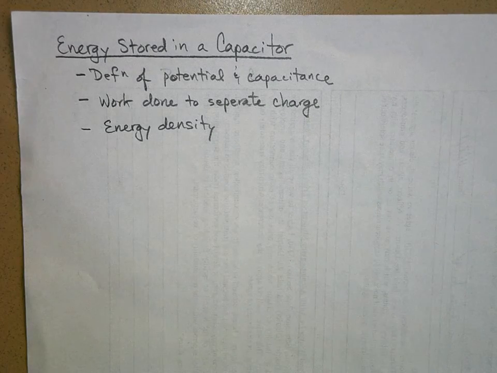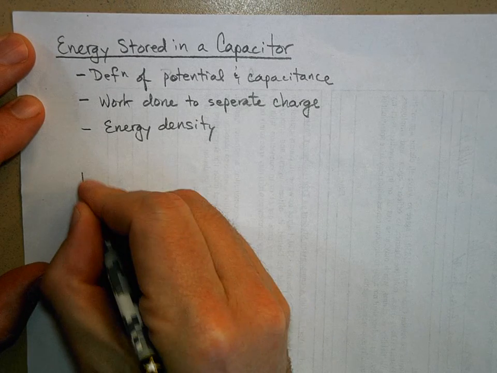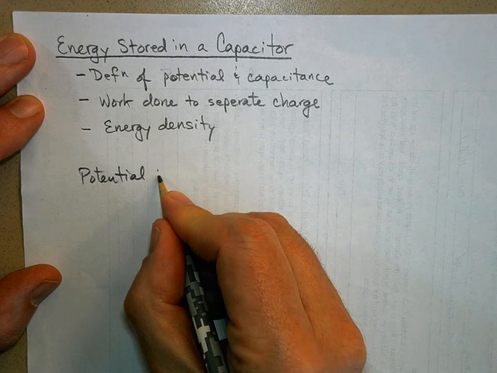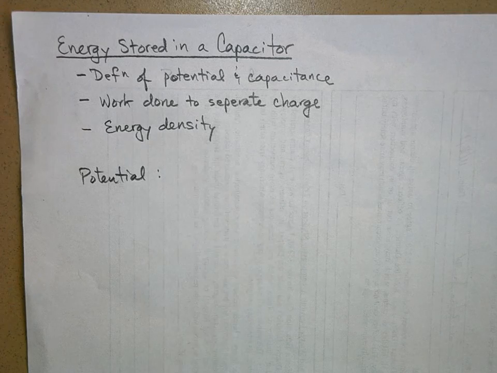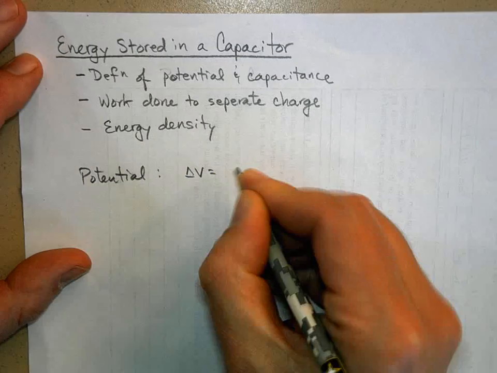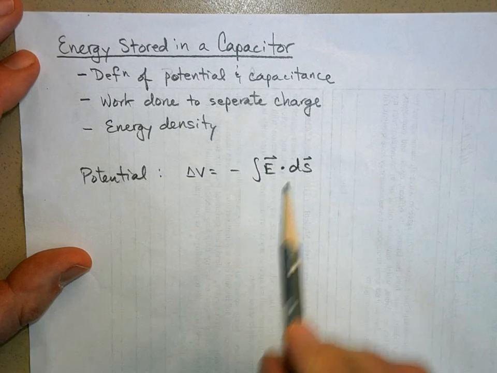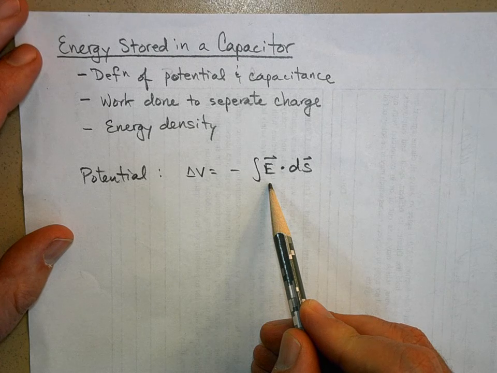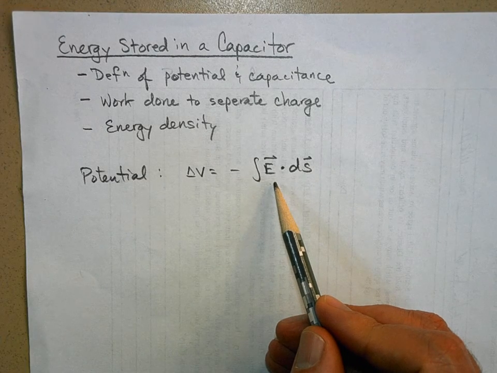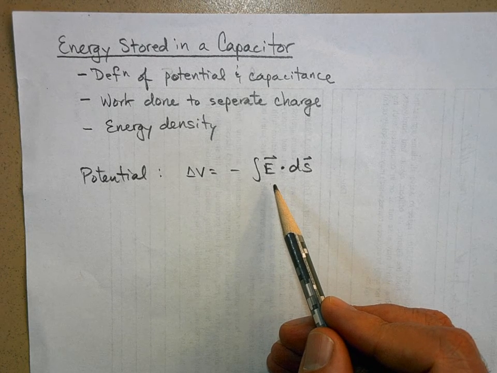Okay, well, let's talk about potential again. Now, we define potential to be the work we do against some electric field. Like a change in potential was negative E dot ds, where the electric field is applying a force to some charge that's in space.